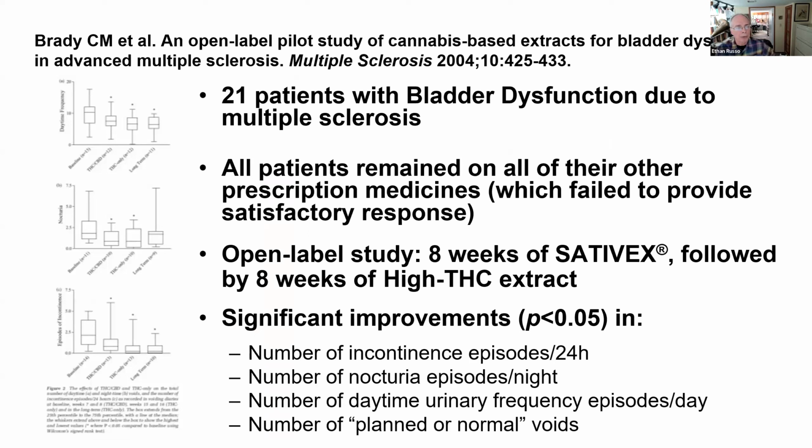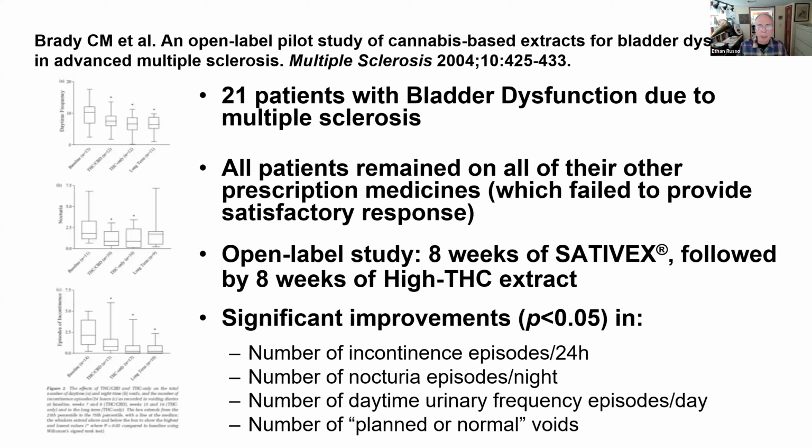In modern times, Sativex was utilized for bladder dysfunction. This is in 21 patients with multiple sclerosis. This was only done after patients had failed other prescription medicines that did not help with the bladder problems. This is an open label study over 8 weeks.